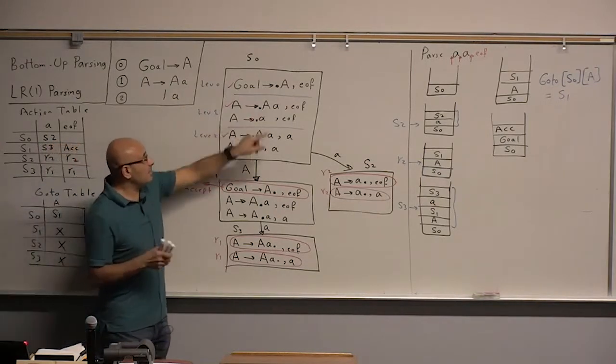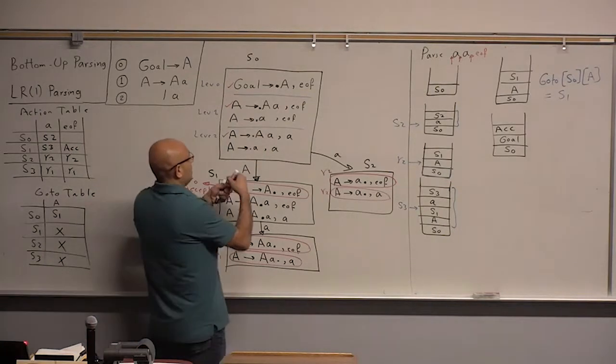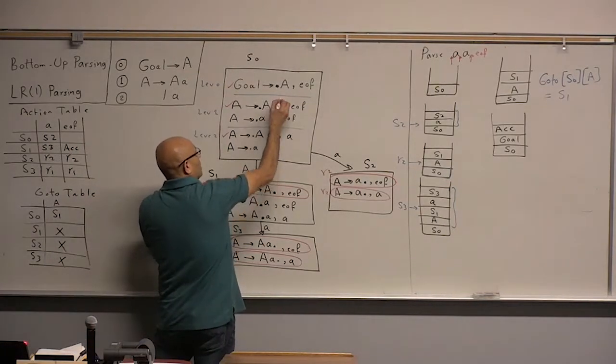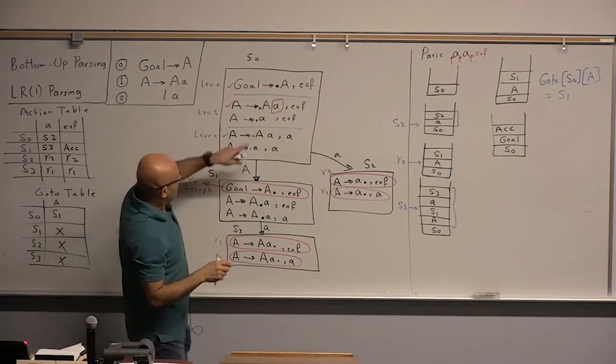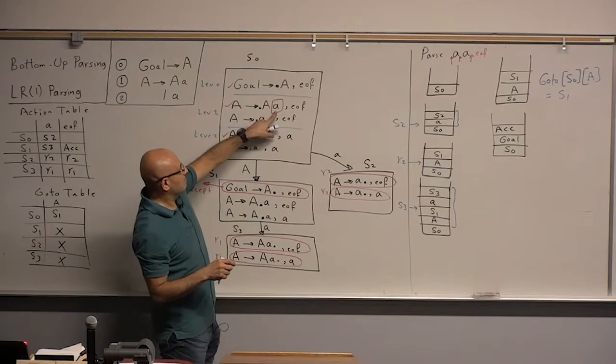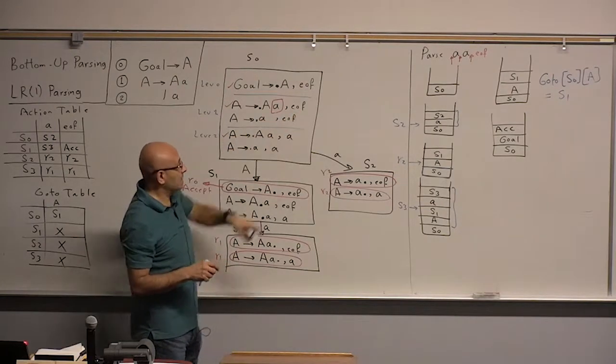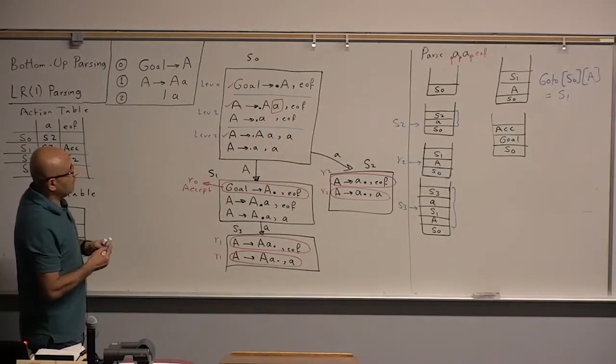The look ahead is going to depend on what comes after this symbol. So it's going to be the first of this followed by this. If this has an epsilon in it, I look at this. It's going to be the end of file.